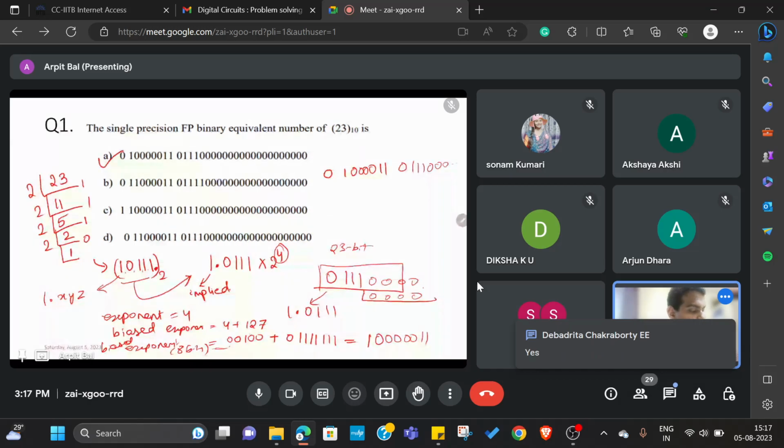Okay, so it means the exponent value is 4, and as mentioned earlier it needs to have a bias of 127.